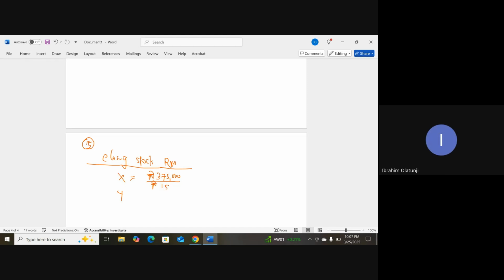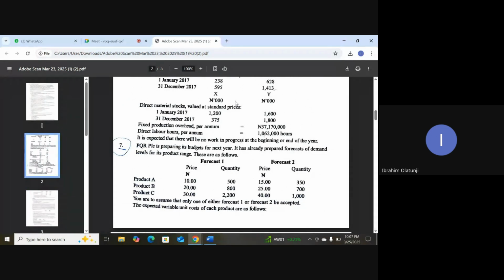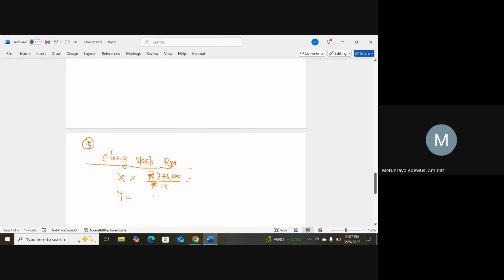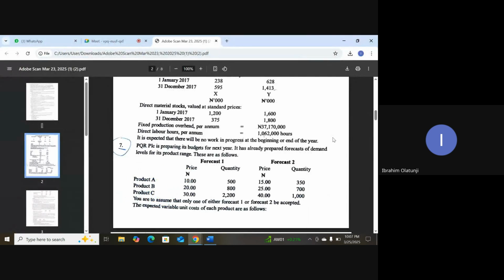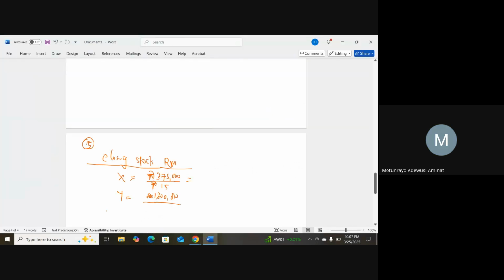Then we move to Y. How much was given to us as closing stock? 1,800, that is 1,800,000 because there's 000 off. Divided by the rate, 40 naira per kilo.